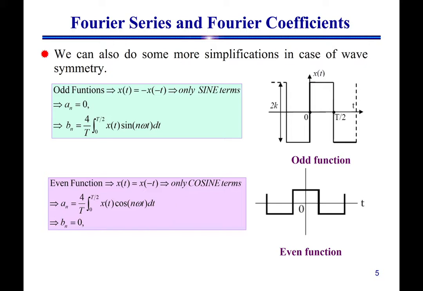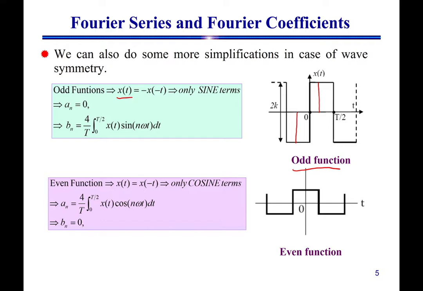We can also do some simplification in case the wave is symmetric. For example, over here, such a function we call an odd function. Why do we call it an odd function? Since x of t will be equal to minus x of minus t.